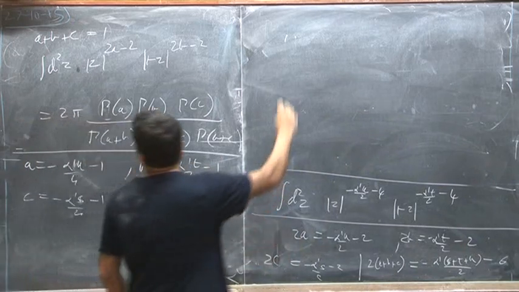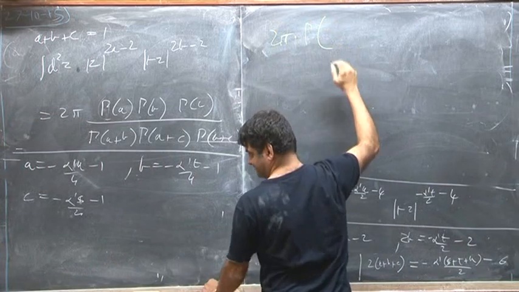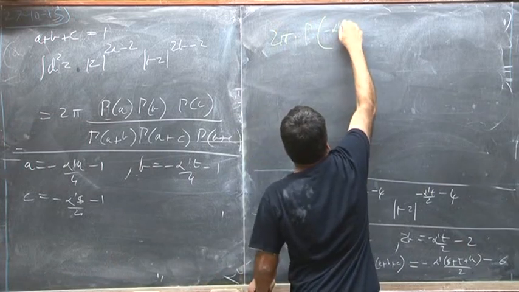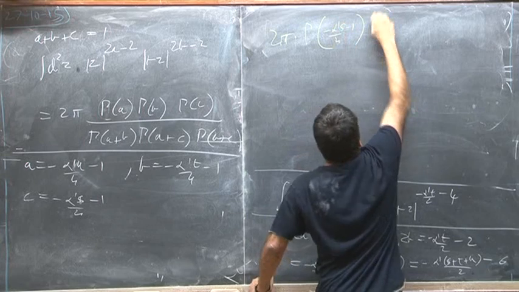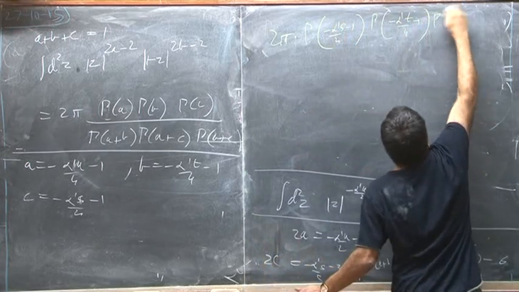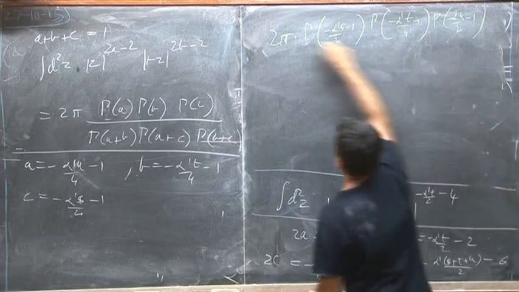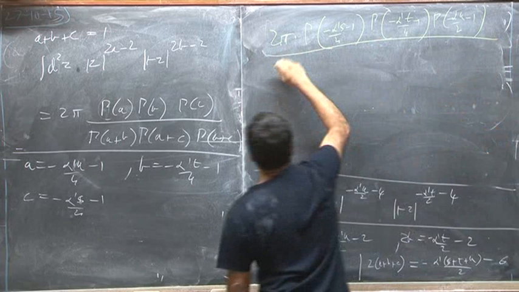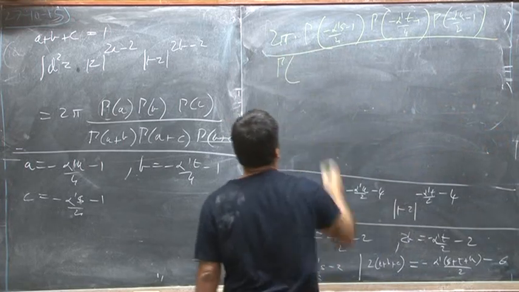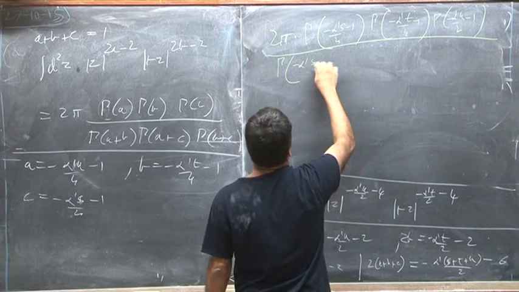The formula is 2 pi into gamma of minus alpha prime s by 4 minus 1, gamma of minus alpha prime t by 4 minus 1, gamma of minus alpha prime u by 4 minus 1, over gamma of minus alpha prime s by 4, gamma of minus alpha prime t by 4, gamma of minus alpha prime u by 4.